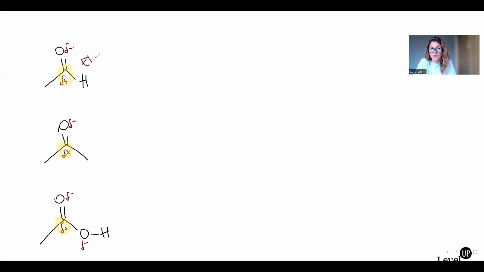So in all of these cases, for aldehydes, ketones, and carboxylic acids, this is going to be an electrophile. And actually, there are a lot of other functional groups that do the same. We have amines, amides, acyl chlorides.